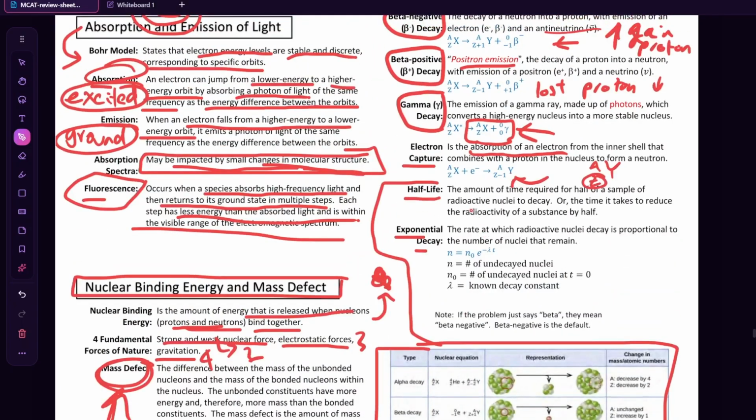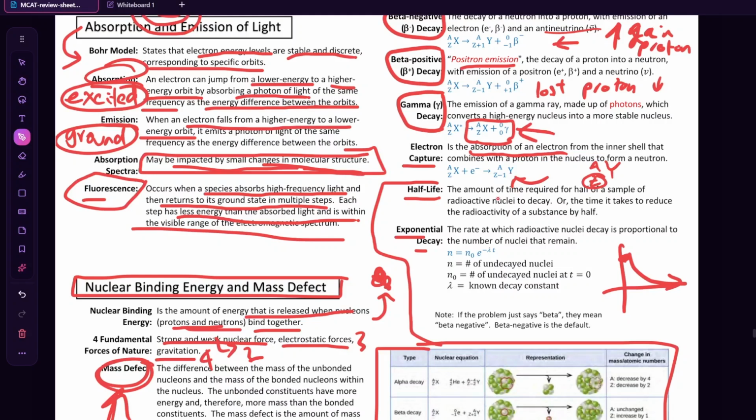For half-life and exponential decay, radioactive decay doesn't happen at a fixed predictable amount for any single nucleus. It's fundamentally random for any individual atom, but across a large sample of radioactive atoms, decay is a reliable statistical pattern. It started from here and now it's going to go down, right?